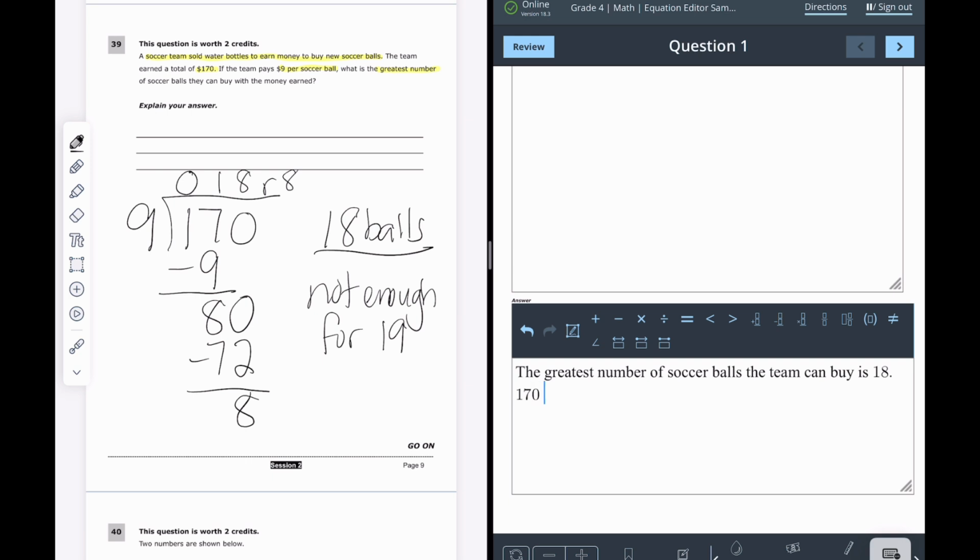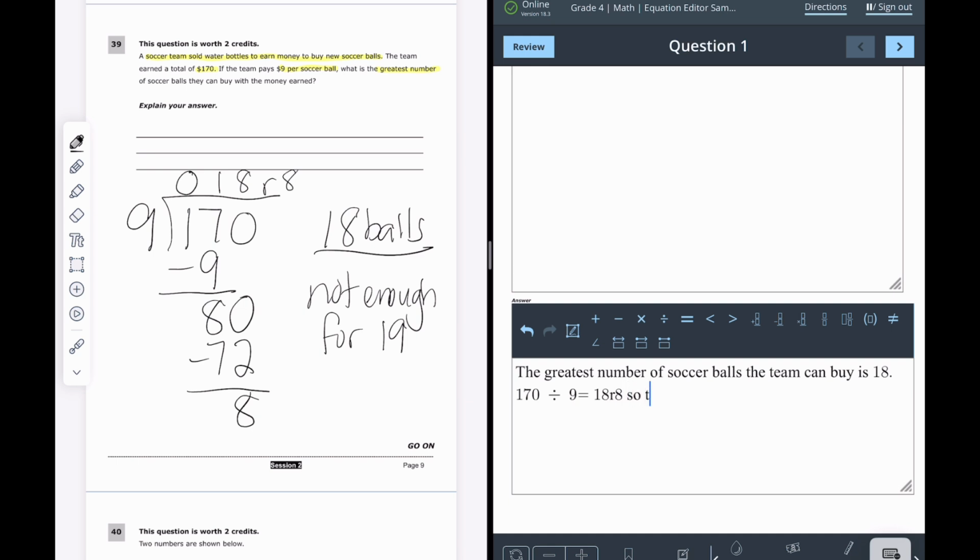170, and this is where I could use some of my math notes. 170 divided by 9 is equal to 18 remainder 8. Let me give myself a little bit of space here. Okay.